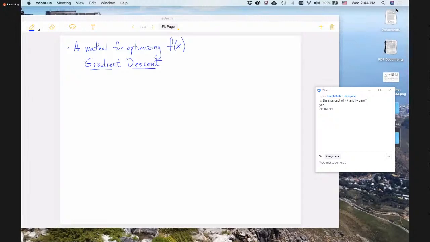Now, by calling it gradient descent, that is suggesting we're minimizing the function, which is probably true. If you want to maximize the function, then we often call it gradient ascent. But the principles are the same. So what we're going to do is look at these training algorithms from the perspective of doing gradient descent.